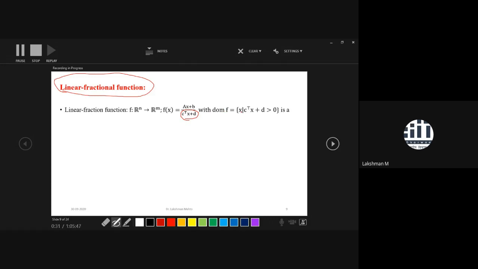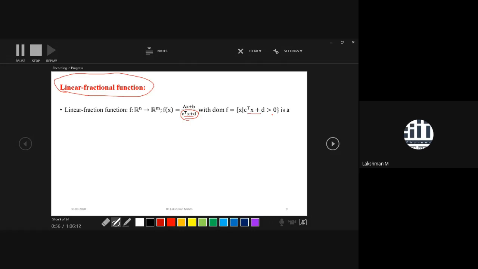The domain must be where the denominator is positive. We know that c transpose x plus d defines an affine plane, or hyperplane, with bias d, and in order to relate it to the perspective, we put the condition that the denominator must be positive.